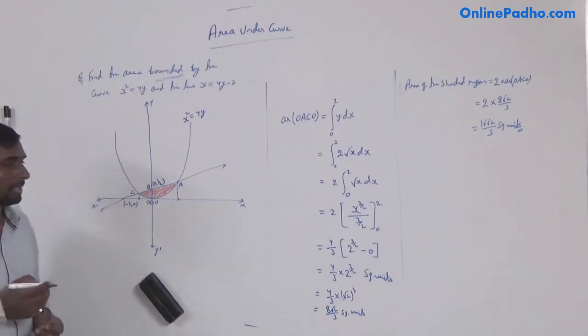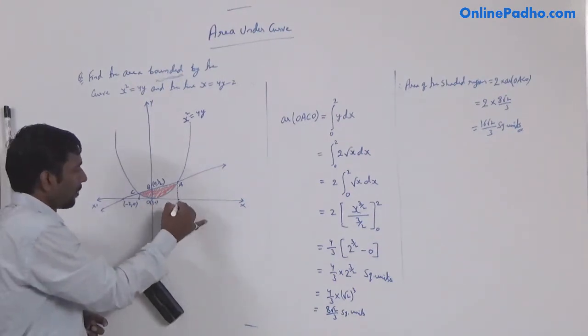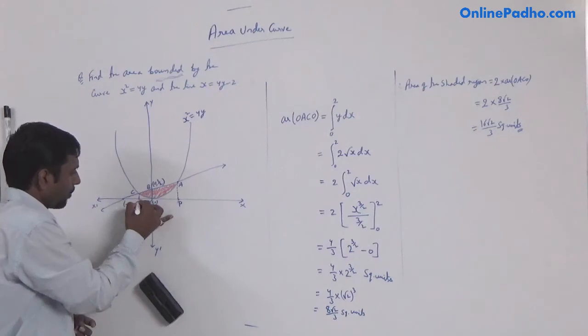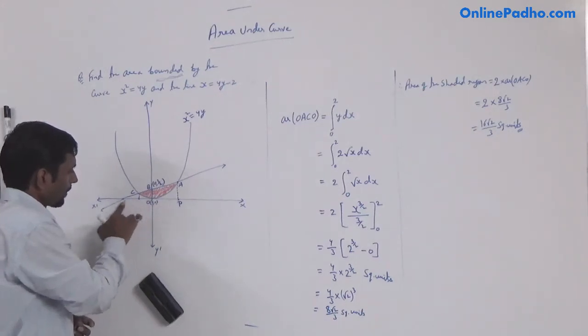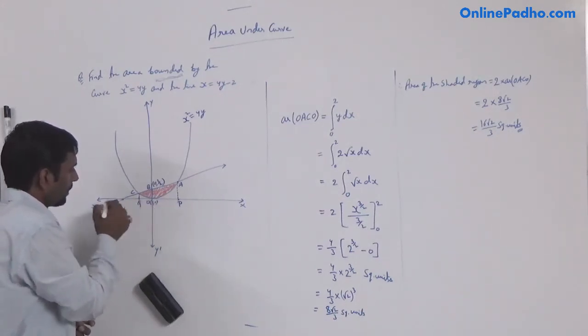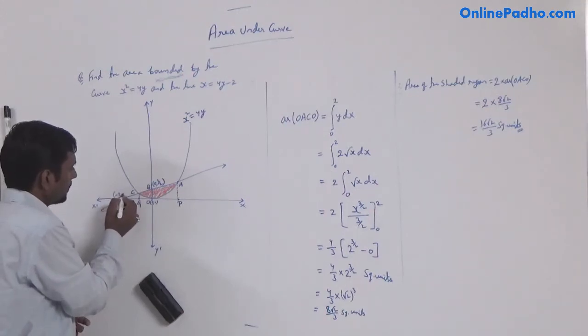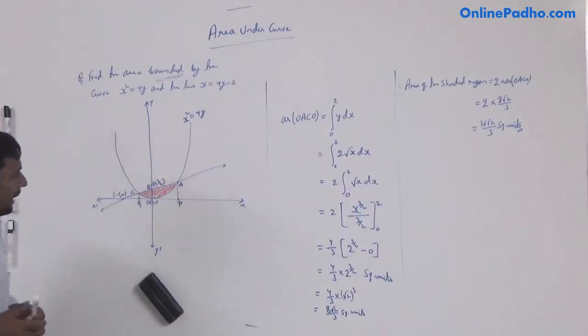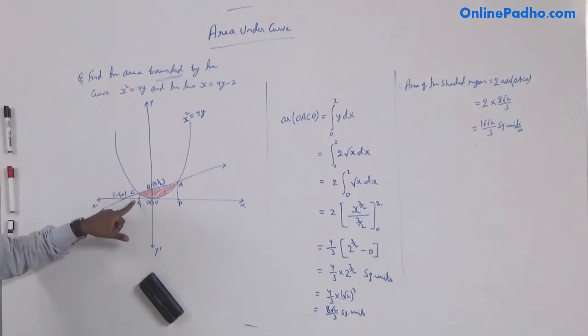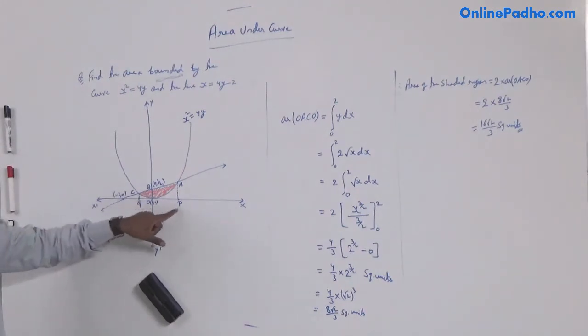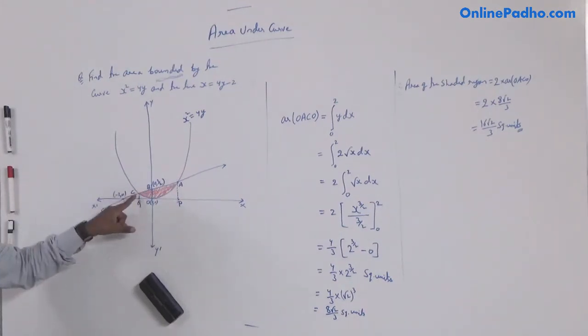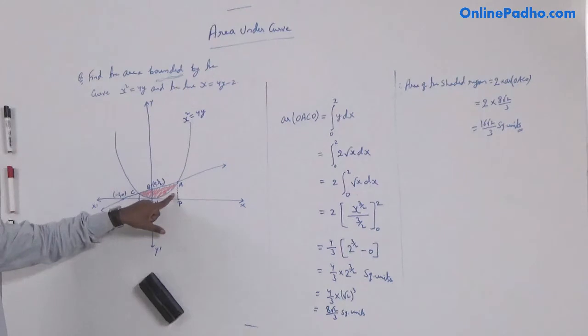It's a very simple concept. If we consider this point as point P and this point as point Q, and this point is minus 2, 0. Now we can find the complete area of the quadrilateral QPAC and subtract these two areas from it.